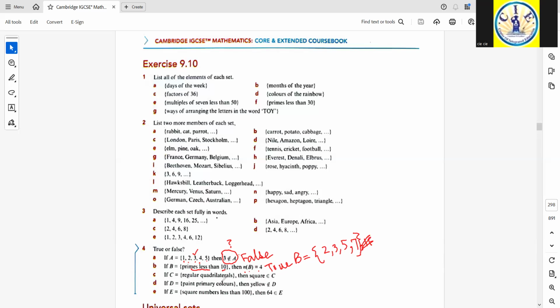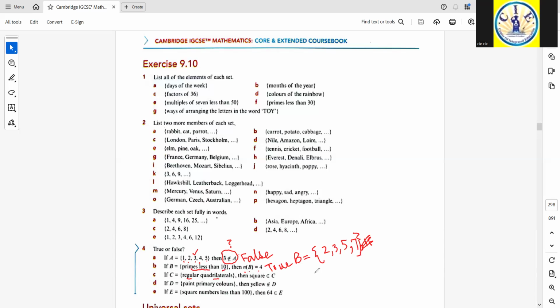Okay, then part C. C equals regular quadrilaterals. Then square belongs to C. Regular quadrilaterals are those four-sided quadrilaterals whose all sides are of equal length.